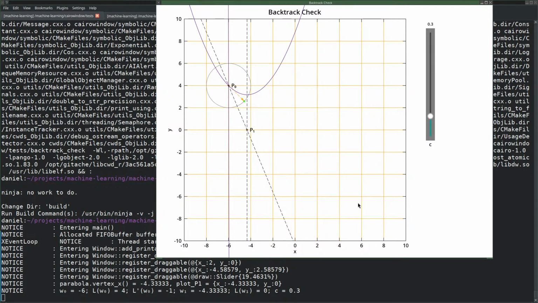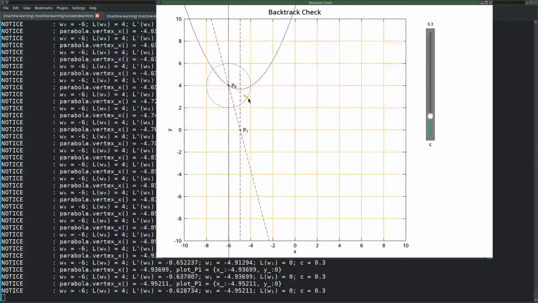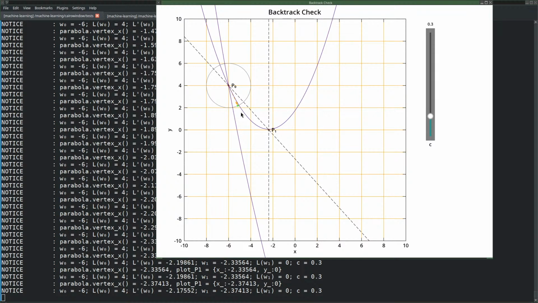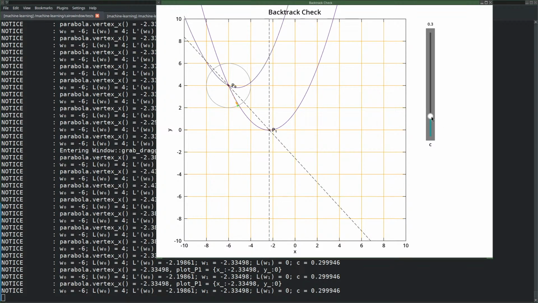Well, no. I think this vertical line here is my cubic, and it's definitely not going through P1. Nor does it look like this parabola in the neighborhood of P0. Something is very wrong. Okay, now I have something.